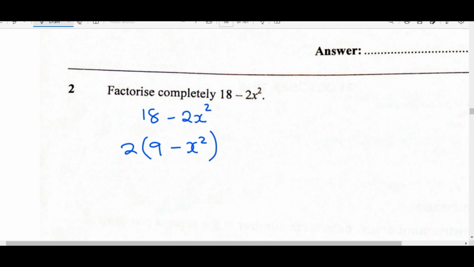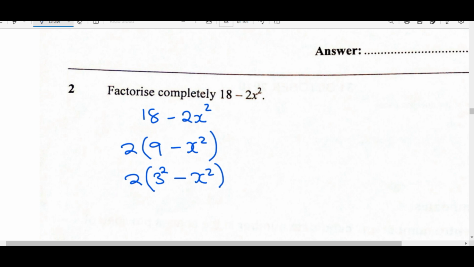In this case, you find a number such that when we raise it to the power 2, it gives us 9, or the square root, in short. The square root of 9 is 3. So you'd say 2, open bracket, 3 raised to the power 2 minus x raised to the power 2.